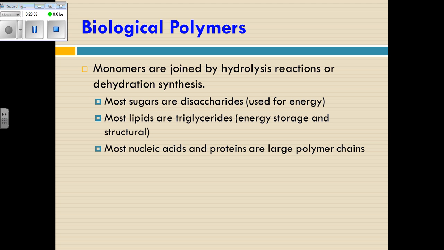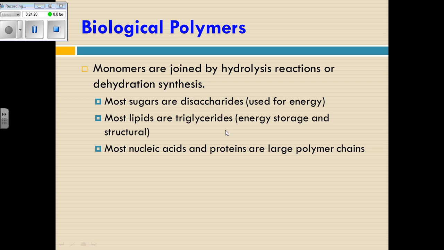Okay. Monomers, so those are the simple sugars or a single base in a DNA or RNA chain. They're joined by a hydrolysis reaction. That means that you have water being added to break something apart, or you have a dehydration synthesis. Most sugars are disaccharides. That's our quick energy. Most lipids are triglycerides.